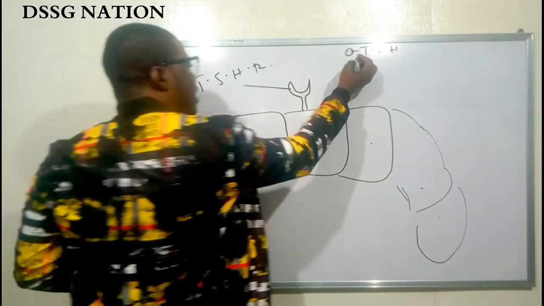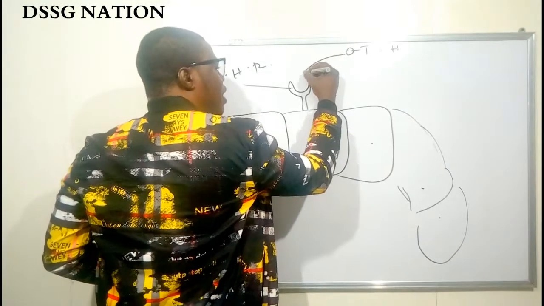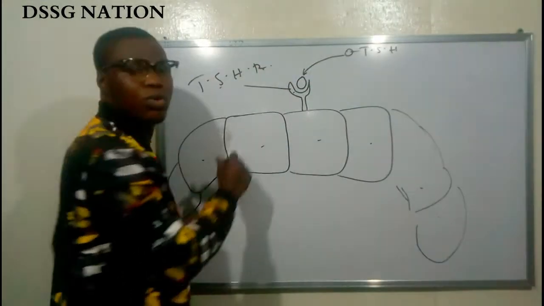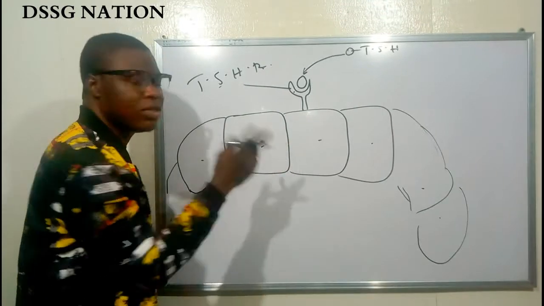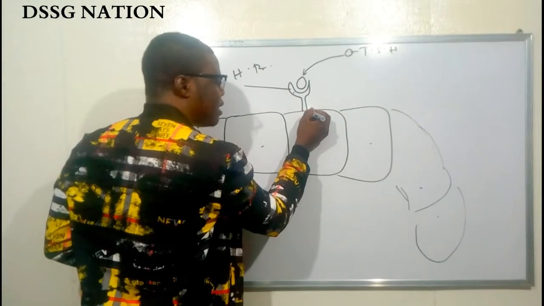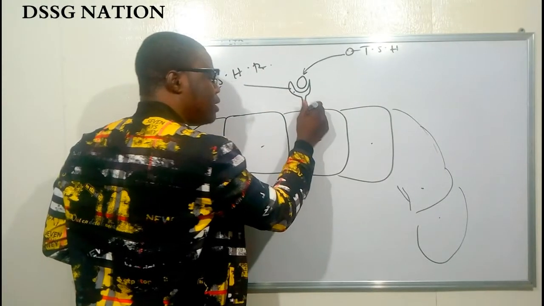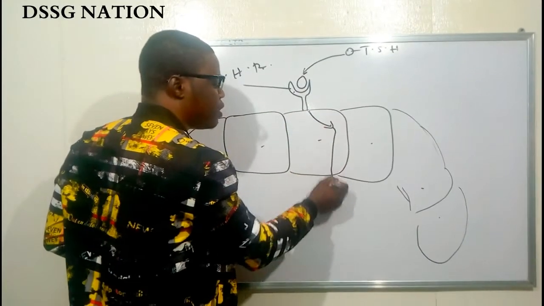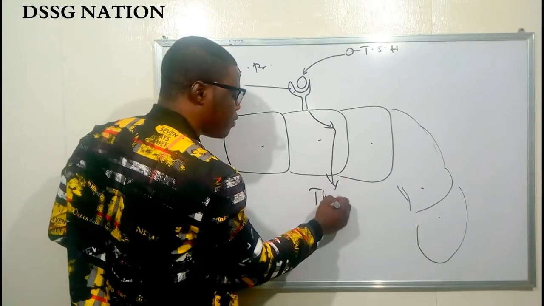Now, this thyroid stimulating hormone is going to bind with the thyroid stimulating hormone receptor. And now what's going to happen within this cell? Two things. The first thing is that the binding is going to result in the production of thyroglobulin.